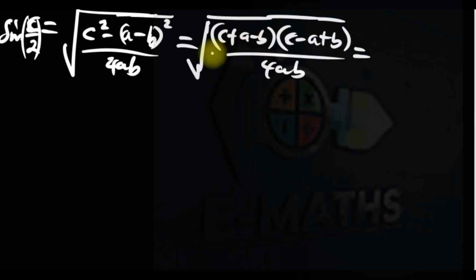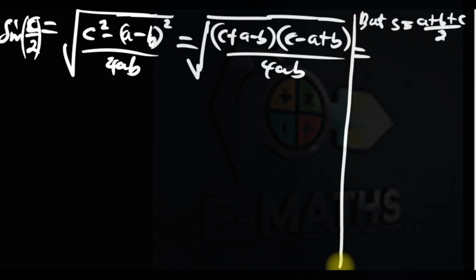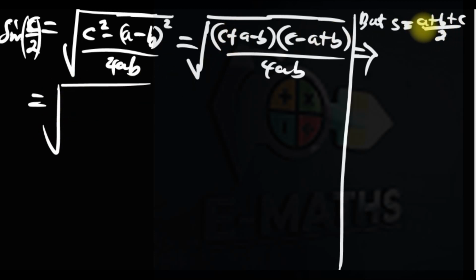But if you could remember from our semi-perimeter, x is a plus b plus c over 2. Which implies that here, because I have c plus a minus b, I can write this as, because semi-perimeter has a, b and c, I have c plus a, so I want to bring plus b.